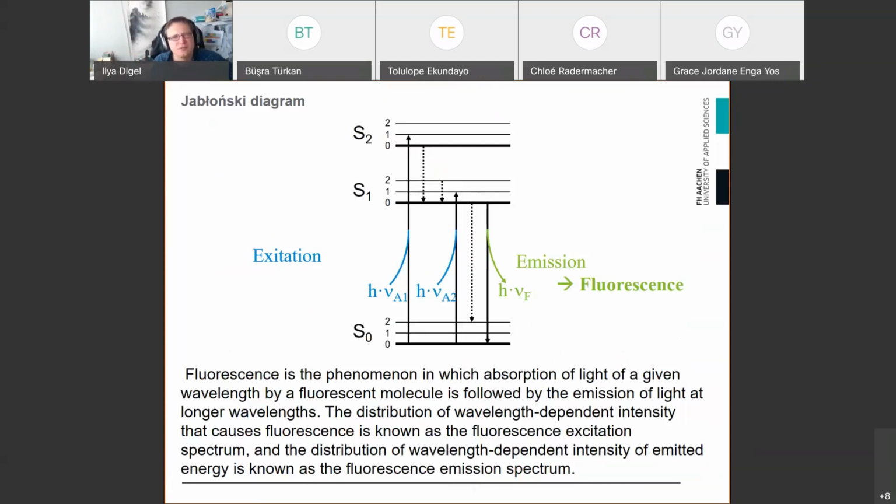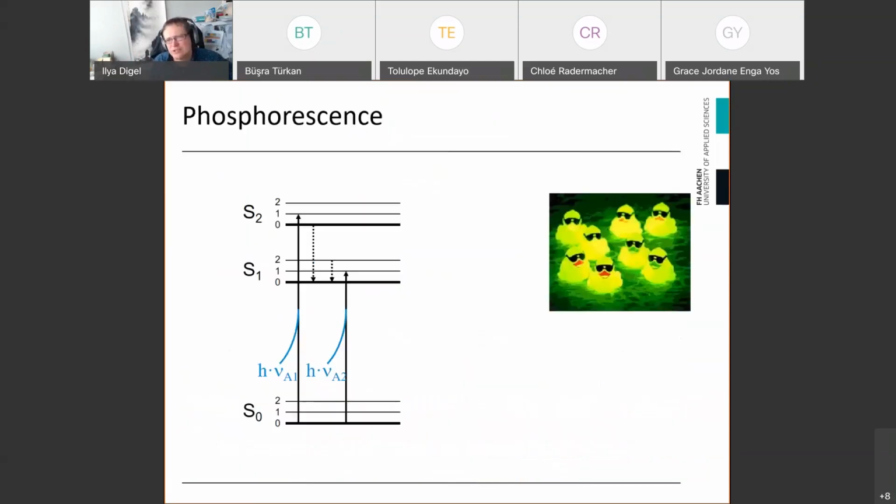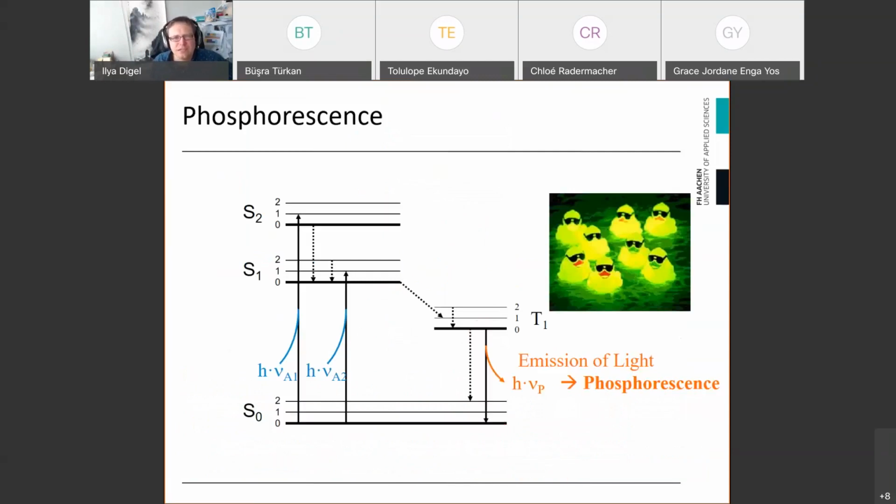This is the moment our sample produces light. If it is a delayed event, like shown in the next slide, if you have first absorbance and then a couple of minutes later or even hours later it again emits light, this delayed fluorescence is called phosphorescence.